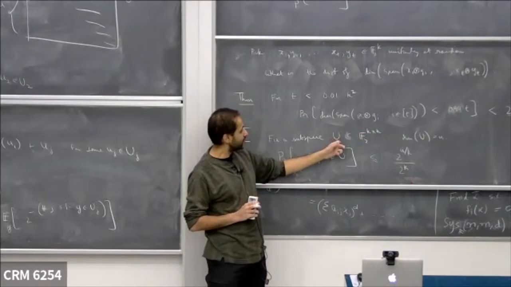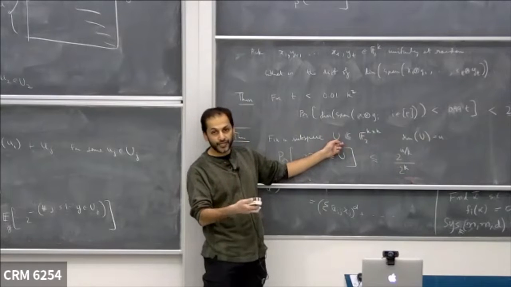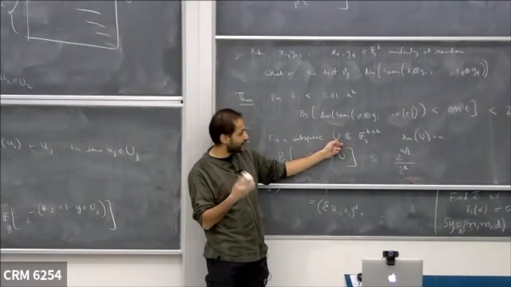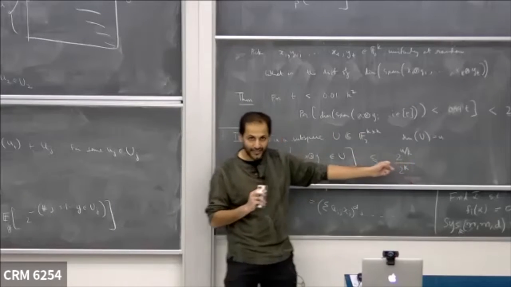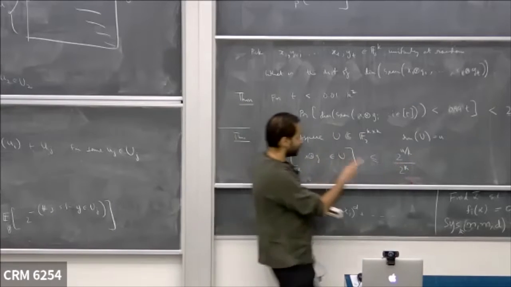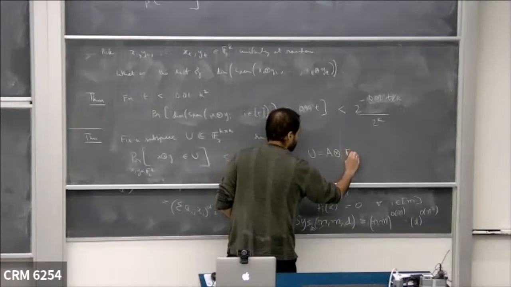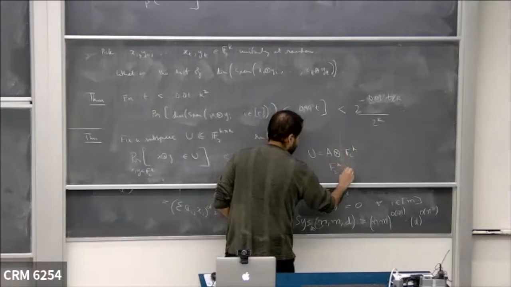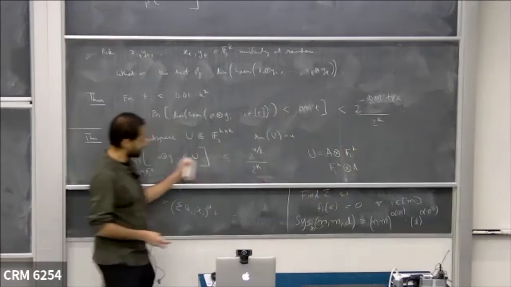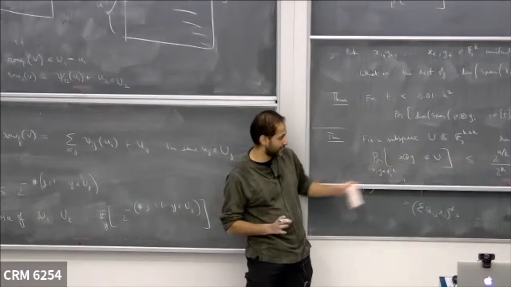One is capital U of the form A tensor F2 to the K, where A is of dimension u over K and F2 to the K is of dimension K. So the extremum U is A tensor F2 to the K. There's also another, F2 to the K tensor A. Both of these give you equality in this bound. This is the tight example for both.